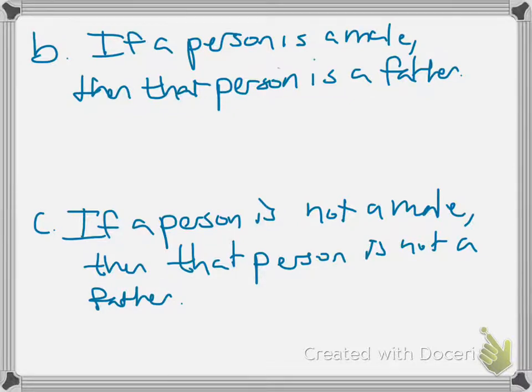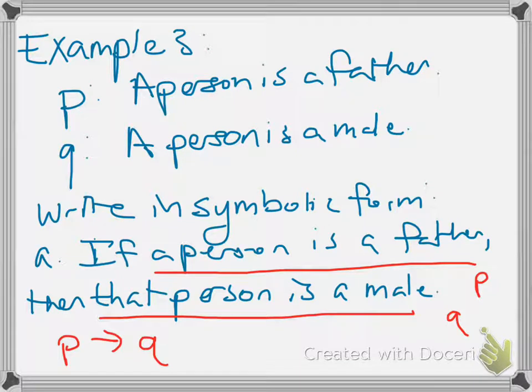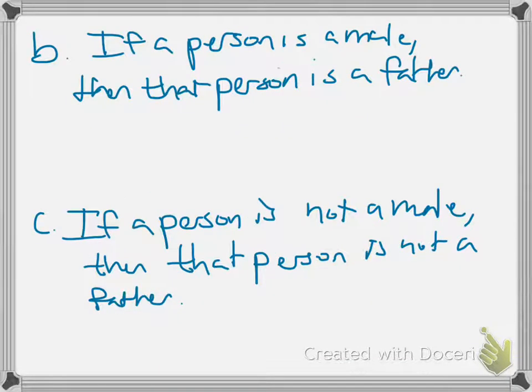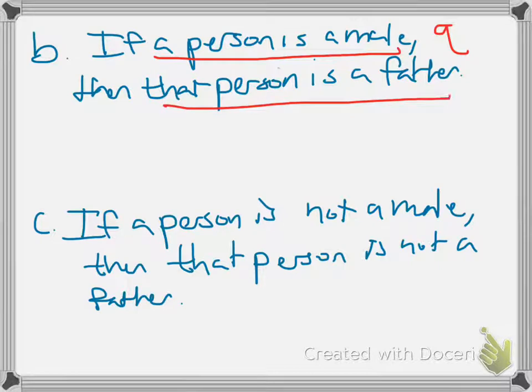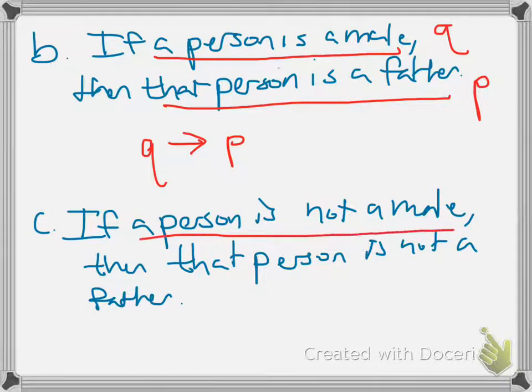So going back to what we looked at before, a person is a male, that was Q. So this is statement Q. That person is a father, this is statement P. So this one is going to be if Q, then P. All right, and then lastly, if a person is not a male, since this one has a not in it, that means we're going to be dealing with a negation.